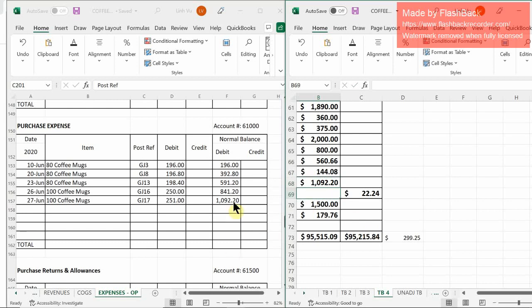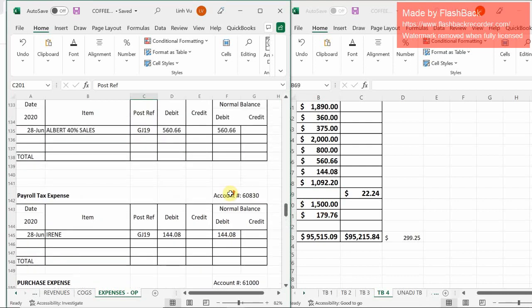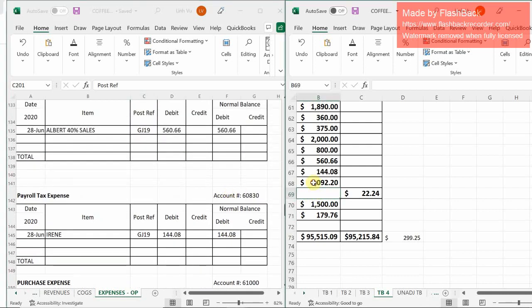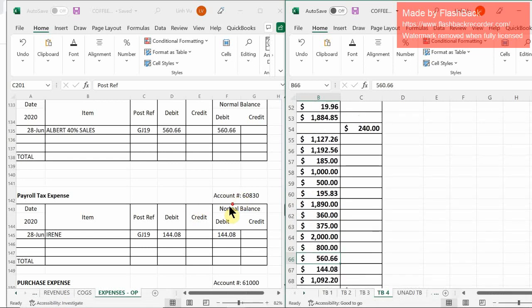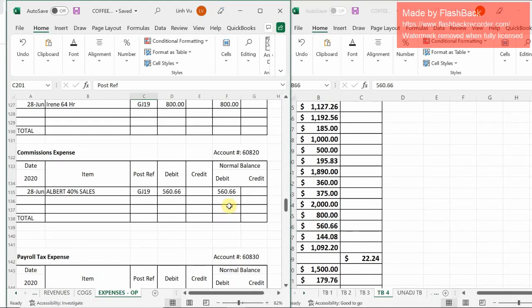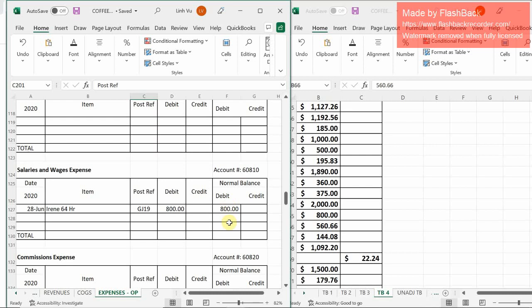My taxes is $144.08. My commissions was $560.66. Salaries was $800.